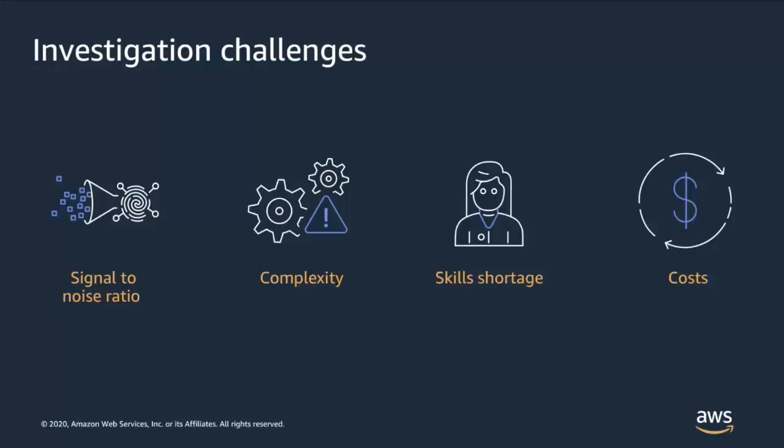Now, it goes without saying that in this space, people who understand and are able to really respond to incidents and respond to detections are certainly not easy to find, right? We do have a skills shortage. This has been noted in many different places, and it's no different in our customers here at AWS, where we are adding additional understanding needed of our security operations teams that may have come up through an on-premises environment.